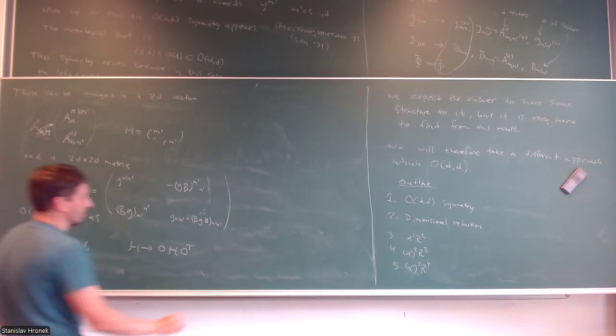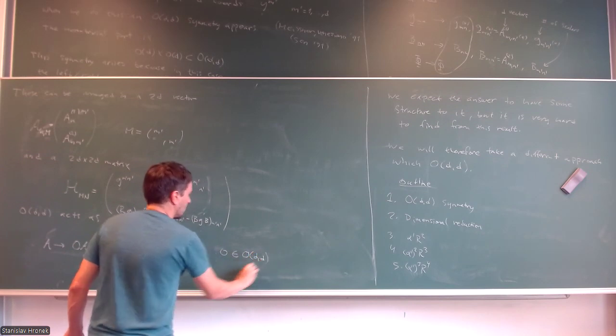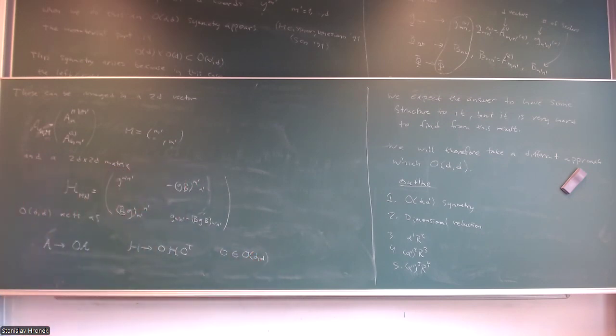So O here is an element of ODD. Go back to your statement before that the off-diagonal pieces of the ODD are just gauge transformations corresponding to what were the diffeomorphisms.